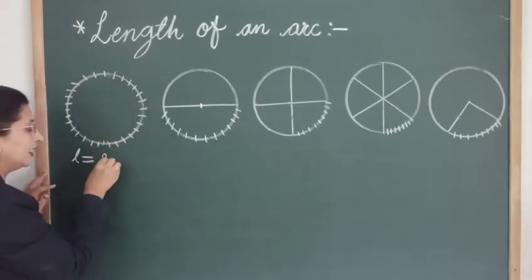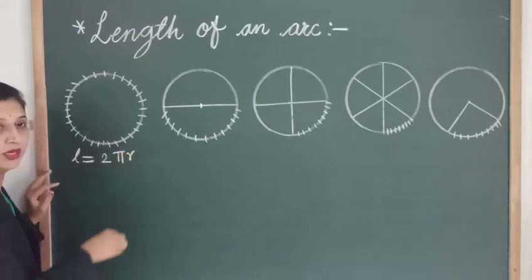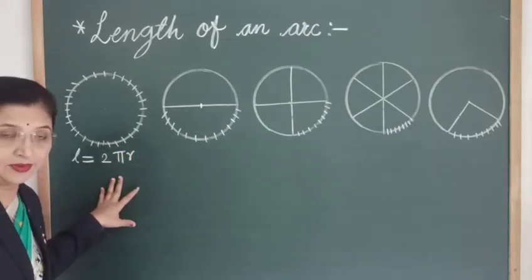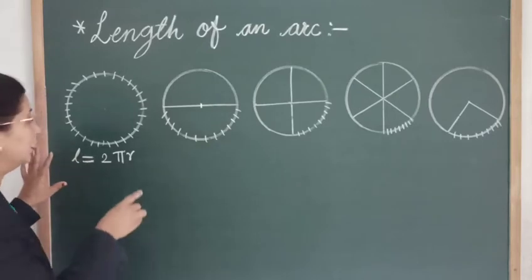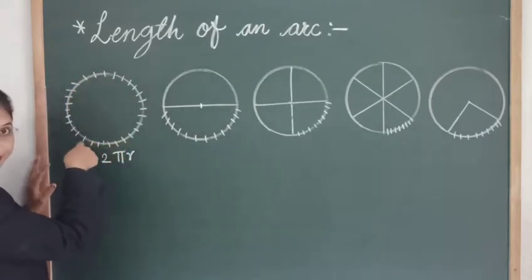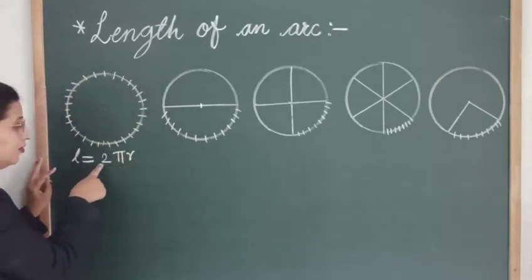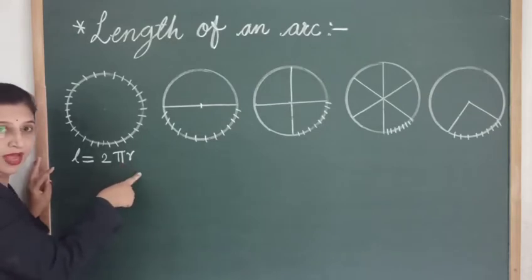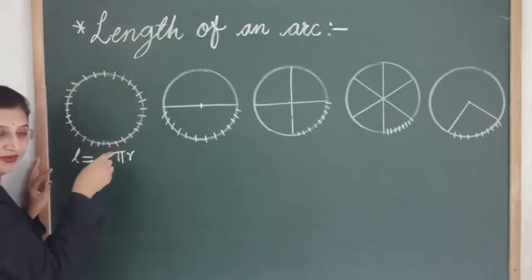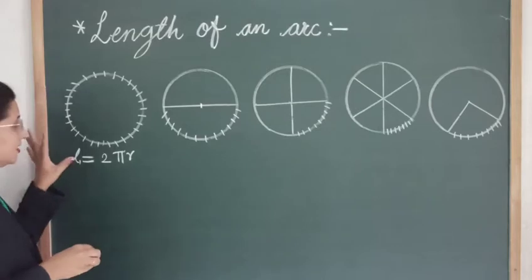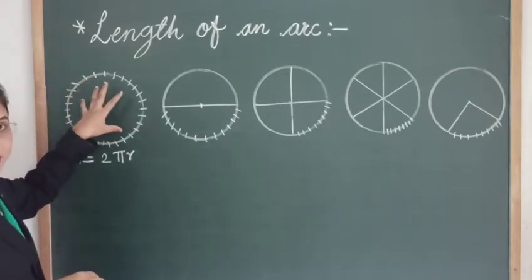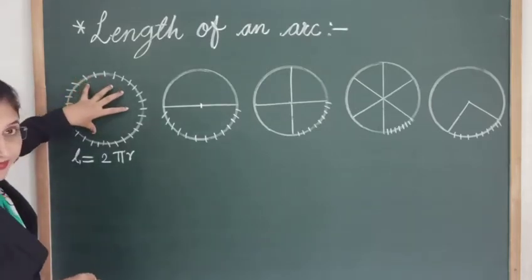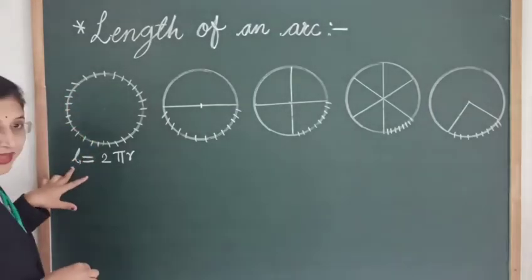We know that the circumference of a circle is equal to 2 pi r. So if we consider the whole arc, we have to use the formula 2 pi r because it is the circumference only. Let's call the length of this first circle L1.